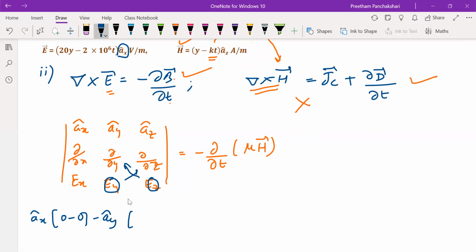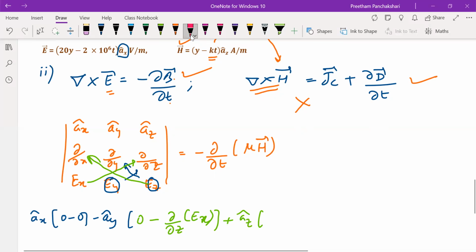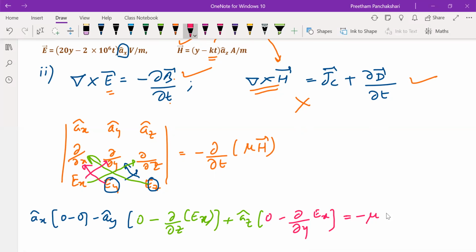Minus A cap Y: multiplying these two vectors gives 0, then you multiply these two, minus dou by dou z of Ex, plus A cap Z. For A cap Z, multiply these two, 0, then these two, so the first term is 0 minus dou by dou y of Ex, is equal to, on the right side, mu is a constant taken out, dou H by dou t.